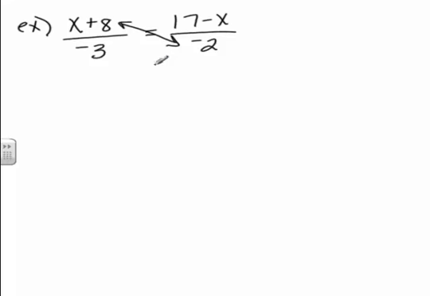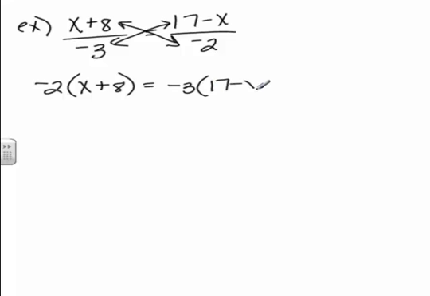So here's the single term. I'm going to put it out in front, and I'm going to put this x plus 8 in parentheses. So we have this cross multiplication equals this cross multiplication. The single term is negative 3, and I'm going to put 17 minus x in parentheses.